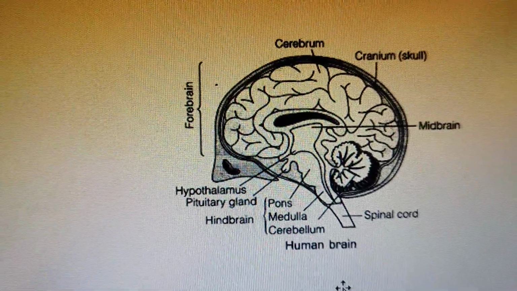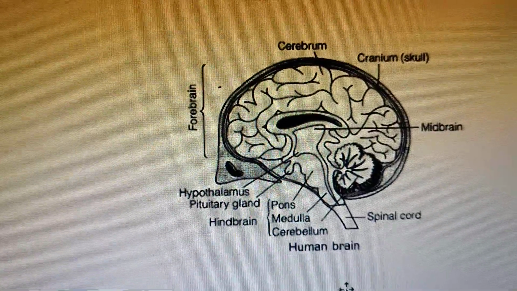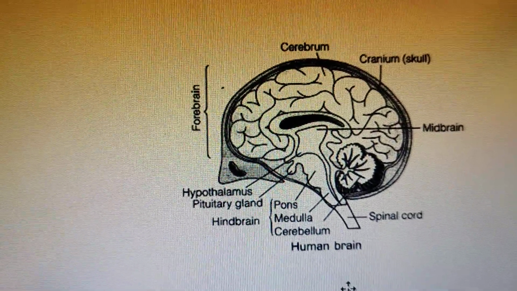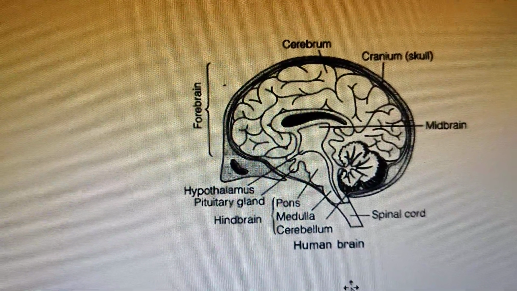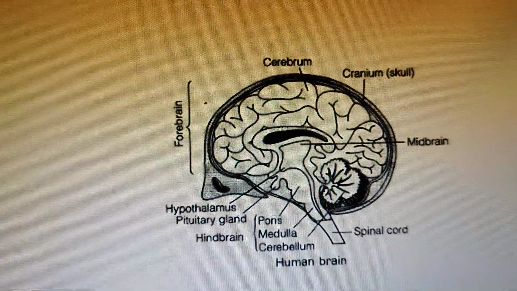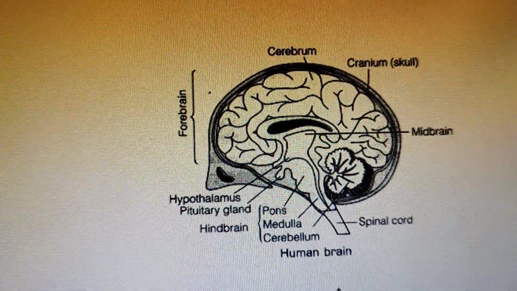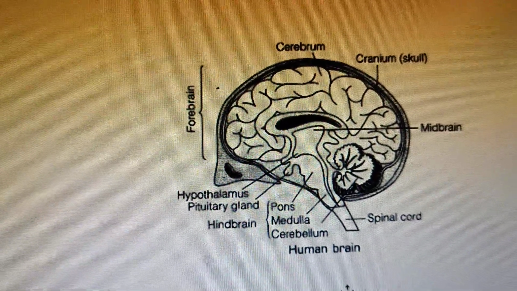And also the cerebellum. Look at this one. There is a difference: cerebrum and cerebellum. Cerebrum is part of the forebrain, and cerebellum is part of the hindbrain. Cerebellum is a very important part. Dear student, you can stand straight; your posture can be straight if your cerebellum is okay.